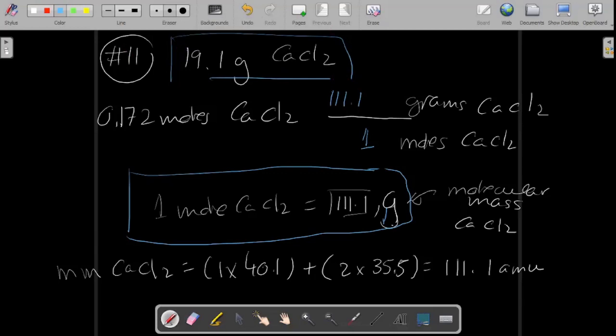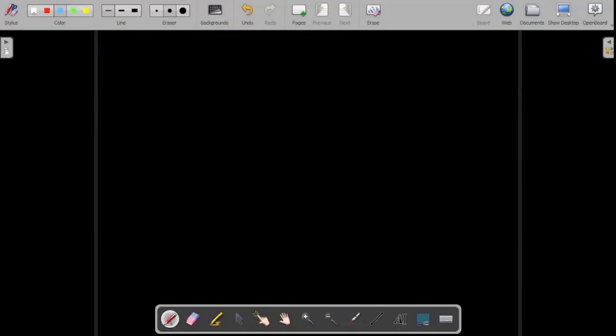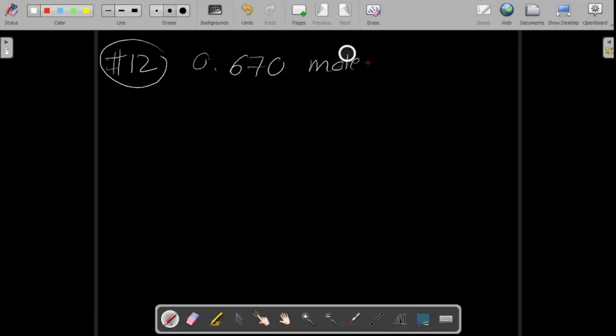Okay. Let's do number 12. The answer for number 12 is 0.670 moles potassium chloride. So what did they give us? They give us 50 grams.